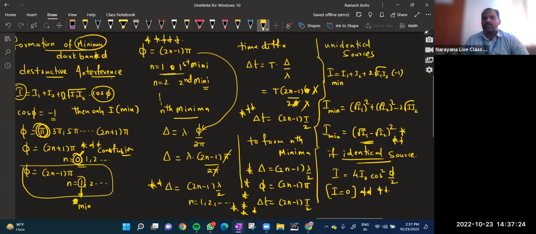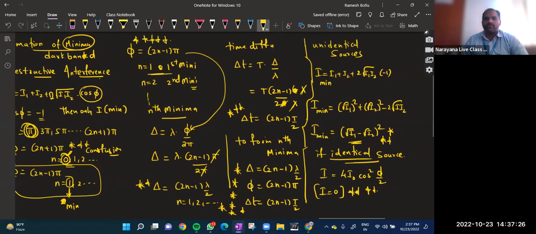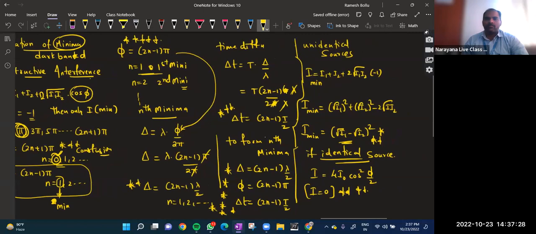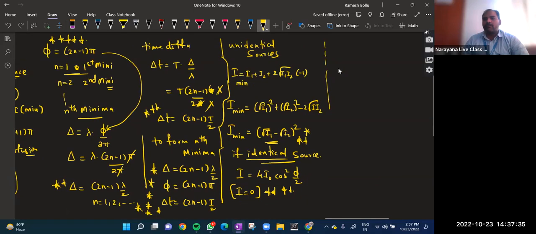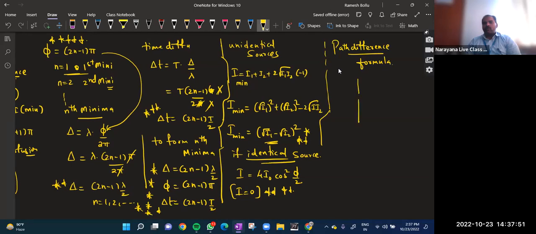Path difference between the two light waves. Formula. As I told you in the YDSE setup, I have taken one cardboard, and two holes I pierced. This is source S1.